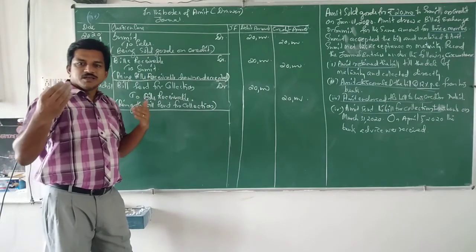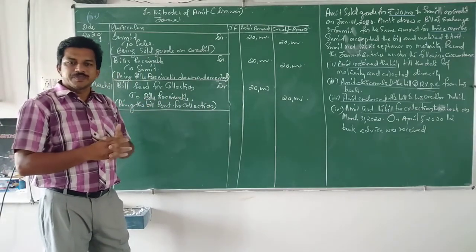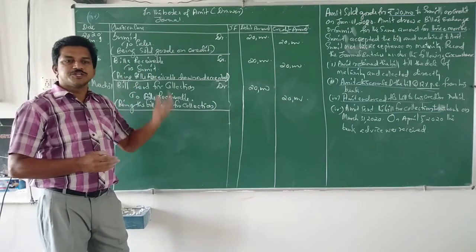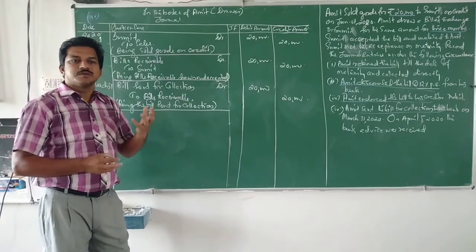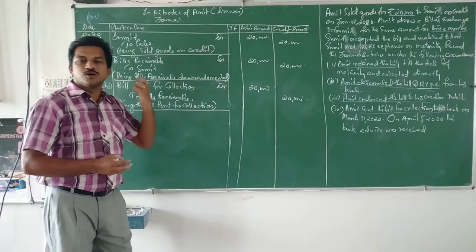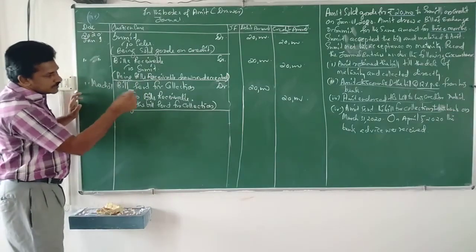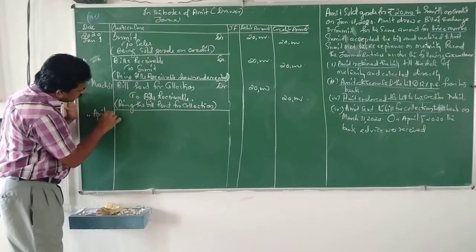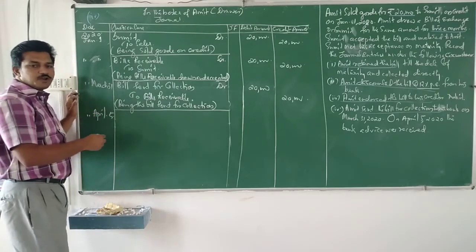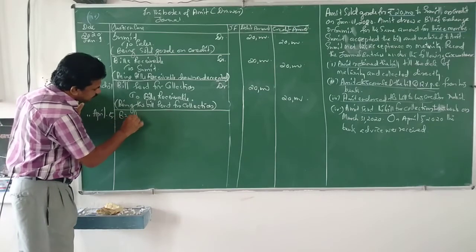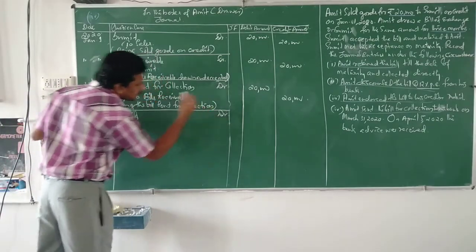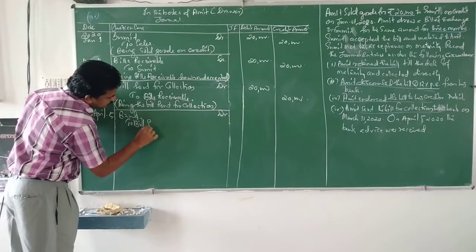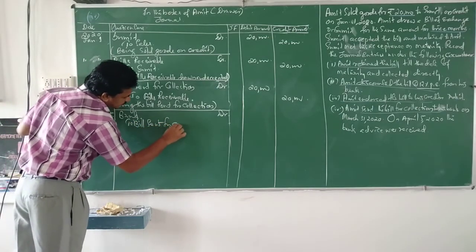So here we receive the money in our bank account, isn't it? So what will be the journal entry? Money we receive in our bank account on 2020 April 5, so we can write bank debit to bill sent for collection.